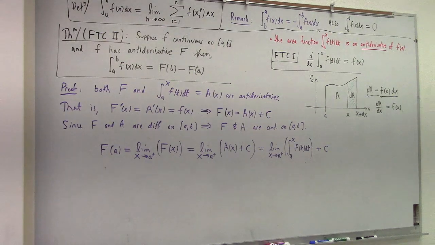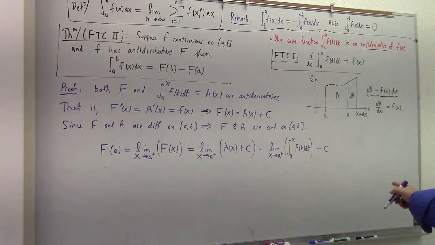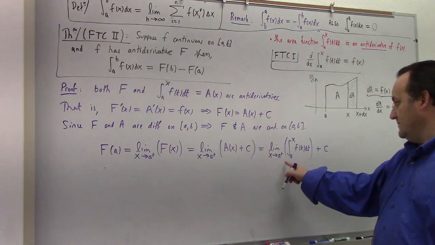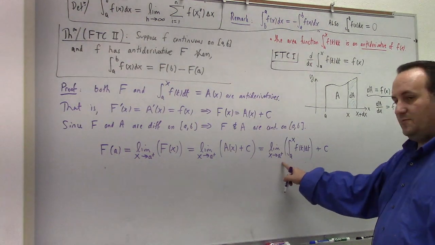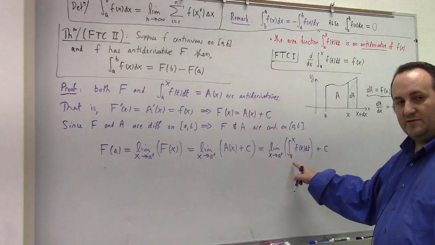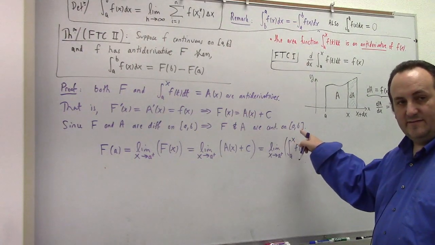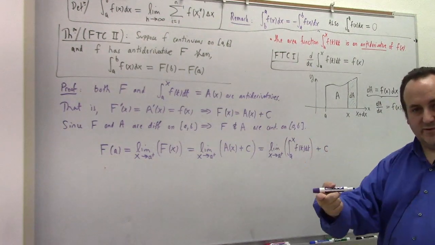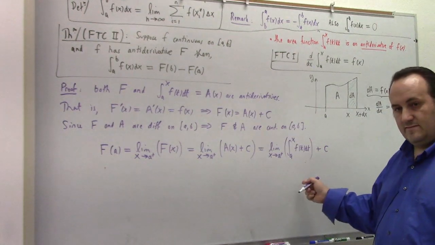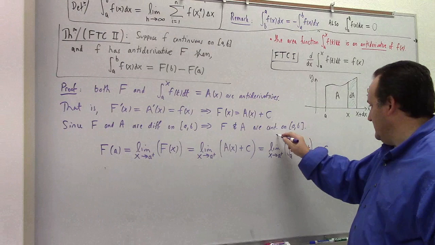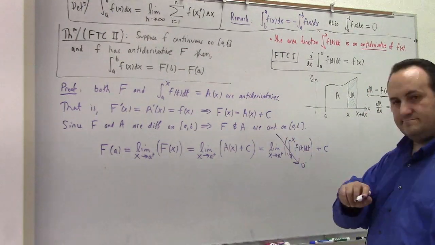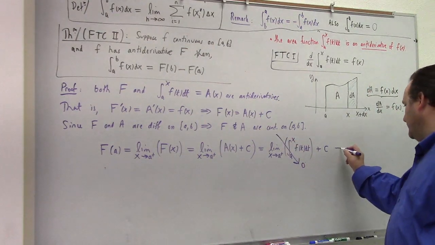That's the continuity right there. Do you see it? What is this? As x goes to a, we're getting the integral from a to a in the limit, which, as you told me earlier, is 0. So it looks like F of a is just equal to c.